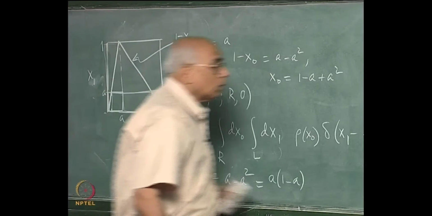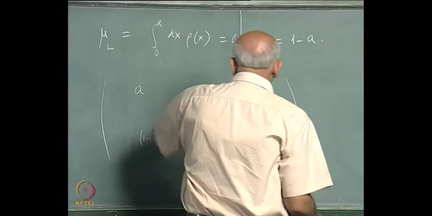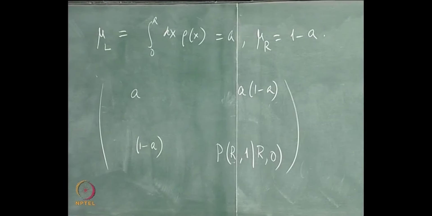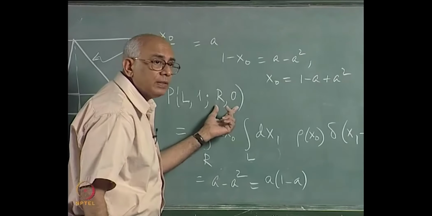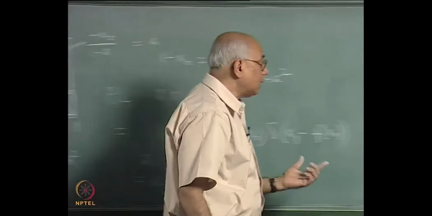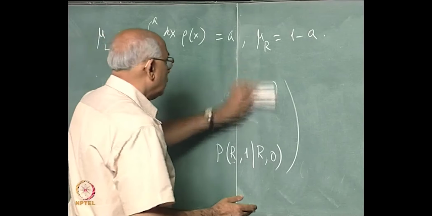So this quantity here is a times 1 minus a, but then I need to divide by the measure of this cell to get the conditional probability, and that is a times 1 minus a, and therefore it is just a.